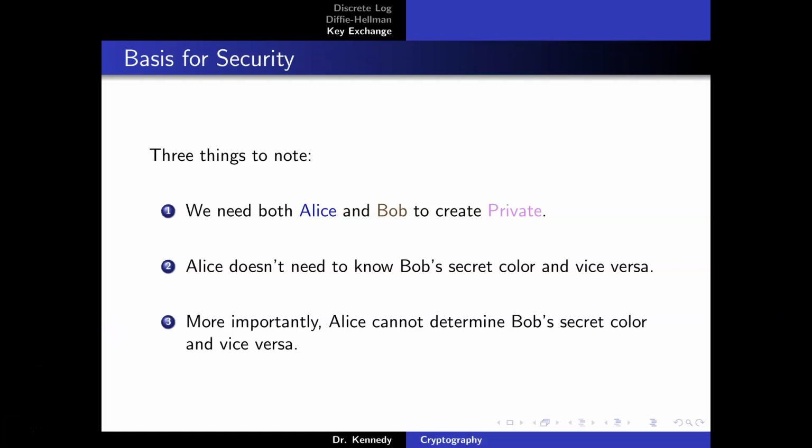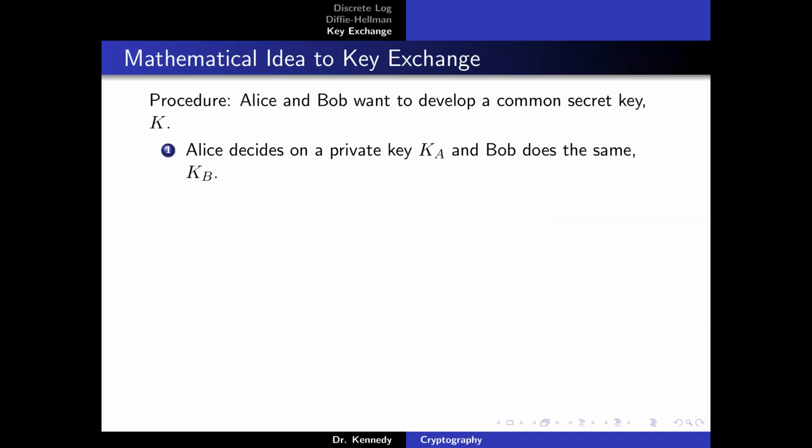Okay, so now, paint aside, let's look at how we would do this mathematically. Alice and Bob are going to try and develop a common secret key. We shall call that K. The general idea: Alice decides on a private key, we shall call K sub A. Bob decides on the same thing, and he calls his K sub B. There's going to be some common public key, we shall call it M for the moment.